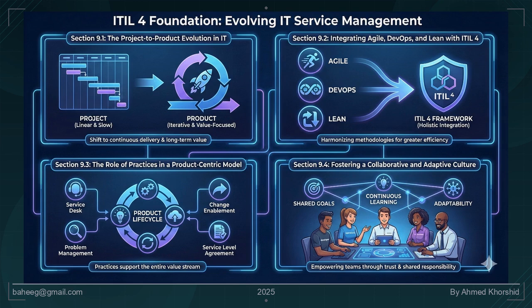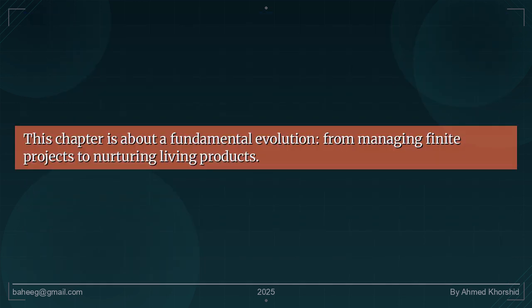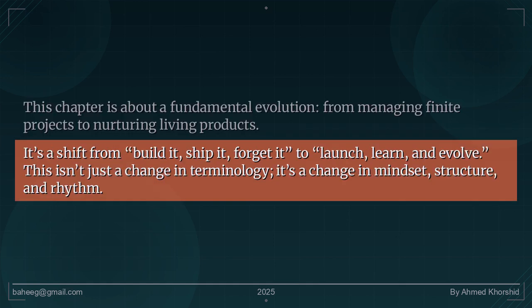Sections 9.1, the project-to-product evolution in IT, 9.2, integrating Agile, DevOps, and Lean with ITIL 4, 9.3, the role of practices in a product-centric model, 9.4, fostering a collaborative and adaptive culture. This chapter is about a fundamental evolution, from managing finite projects to nurturing living products. It's a shift from build it, ship it, forget it to launch, learn, and evolve.